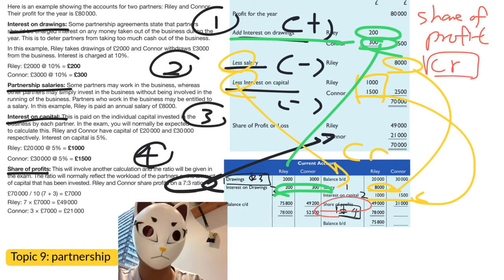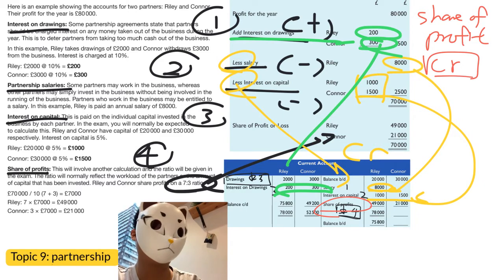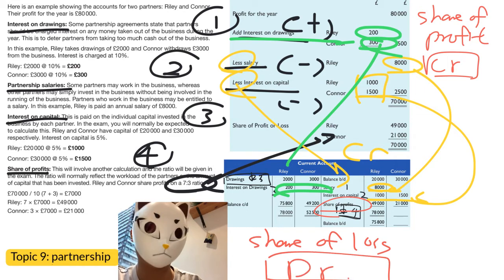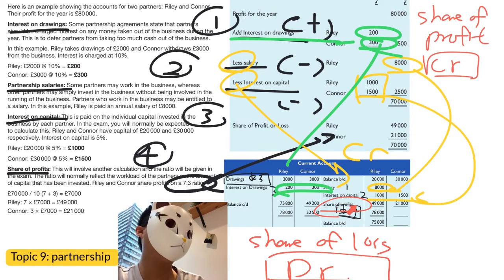But think about it, if the question asks for a share of loss, what about that? If you compute a loss, you have to do it on the debit side. So don't just memorize. The share of profit must be on the credit side, but if the company incurs a loss, you have to put it on the debit side.